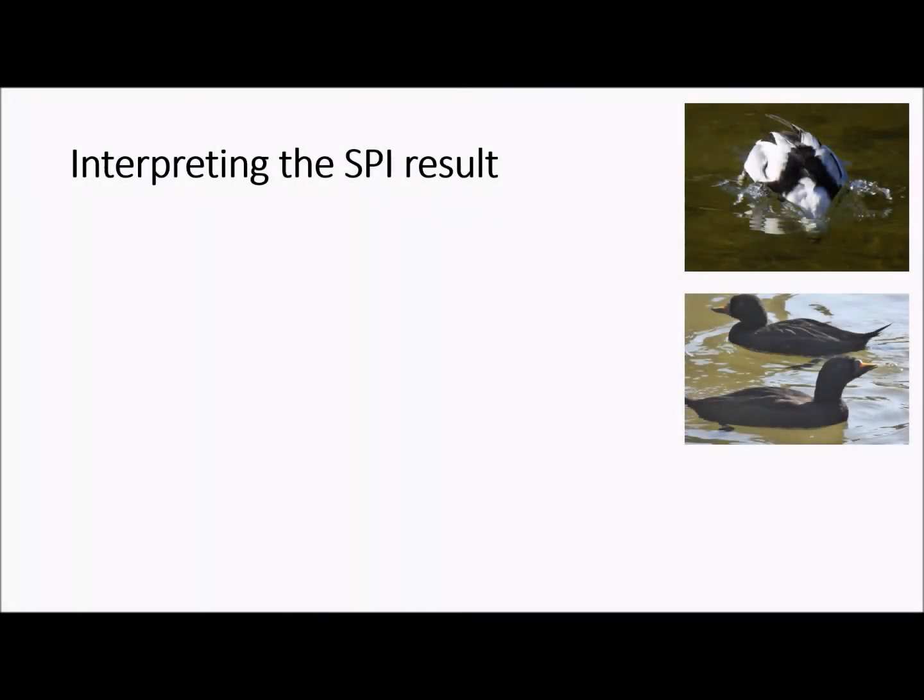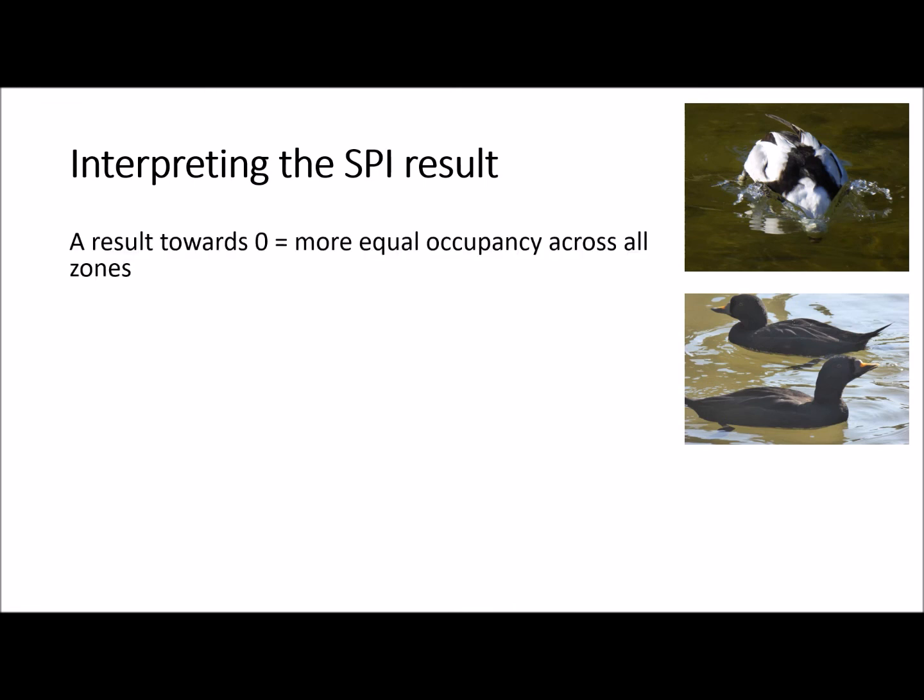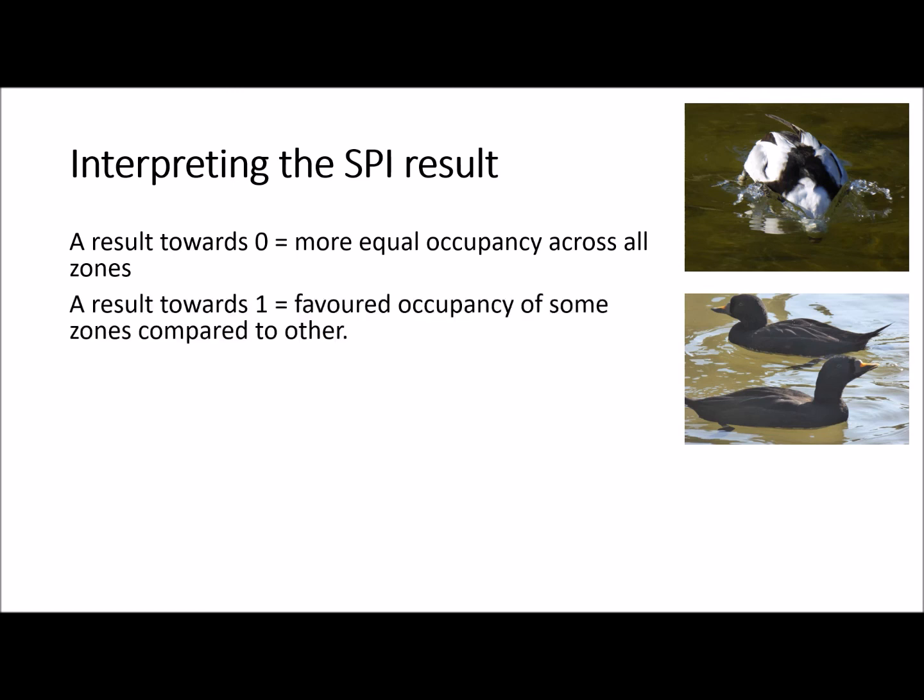Let's now look at how we would interpret these SPI results. If you get a result from your SPI calculation that equates towards 0, this suggests equal occupancy across all zones of the exhibit. Whereas if you have a result that tends towards 1, this suggests more favoured occupancy of some zones compared to others.